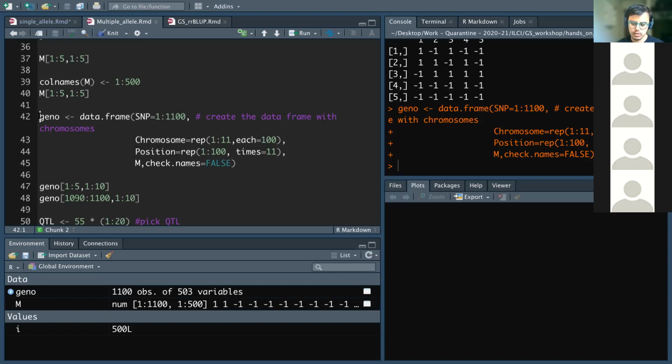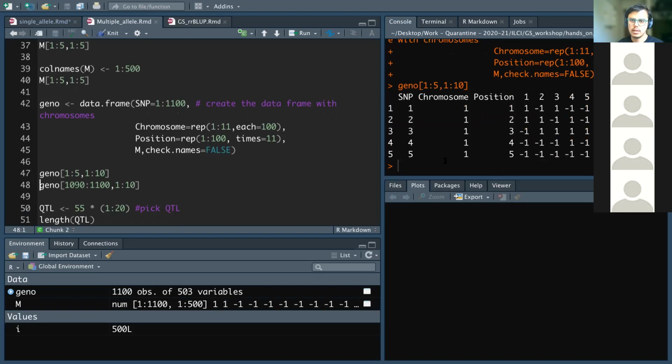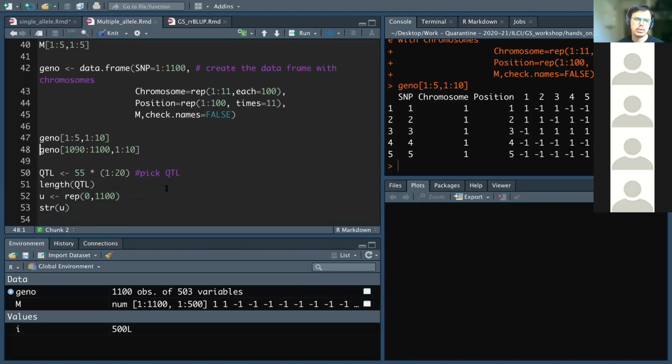If we run this command here, you can see now that we have one column for the SNPs, one column for the chromosome, one column for the position of each single marker in the chromosome, and then we have the genotype. So that is the genotypic matrix that we're going to use.